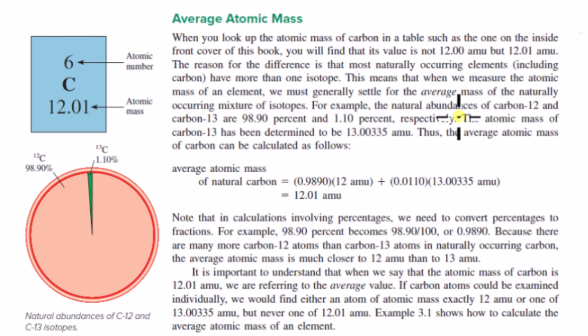So, for example, the natural abundances of carbon-12 and carbon-13 in naturally occurring elemental carbon are 98.9% carbon-12 and 1.1% carbon-13. But for natural oxygen, what's the percentage of oxygen-16, oxygen-17, oxygen-18? It would be some other proportion.